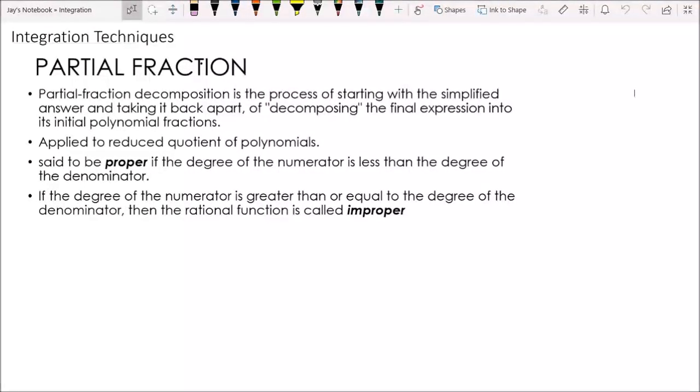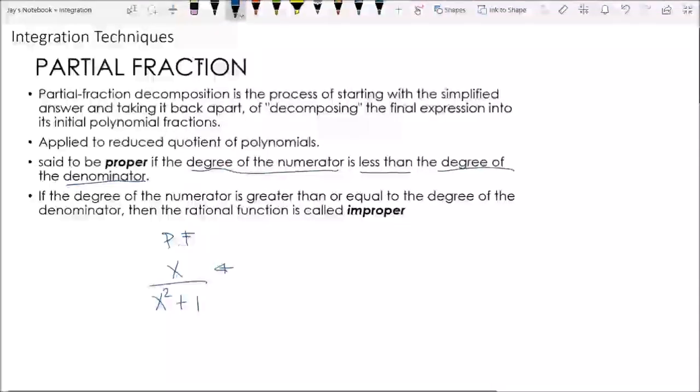Fractions can be classified as either proper or improper. When we say proper fraction, the degree of the numerator is less than the degree of the denominator. So an example of a proper fraction is x over x squared plus 1, since our numerator is of the first degree, while our denominator is of the second degree.